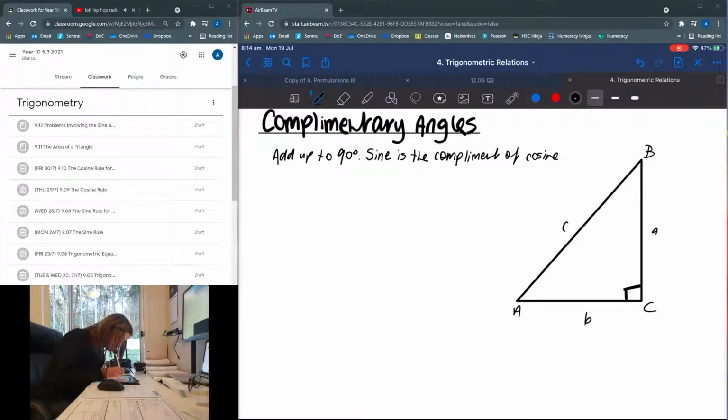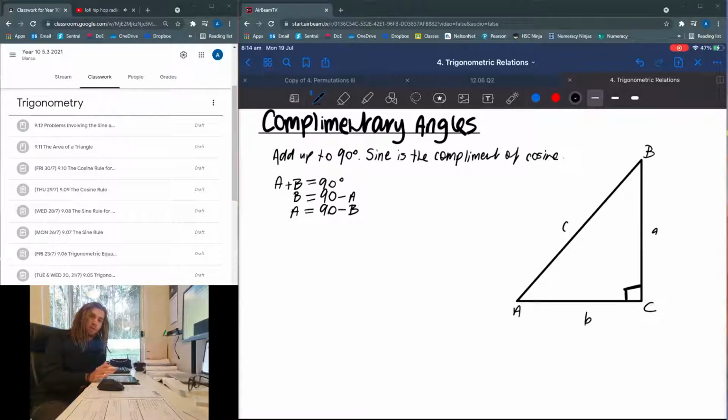So the first thing I can say is A plus B has to equal 90 degrees. Now, if I knew what B was, how could I find A? Well, I could just take it from 90, and I can do the same thing for A, 90 minus B. So now I can relate A and B.